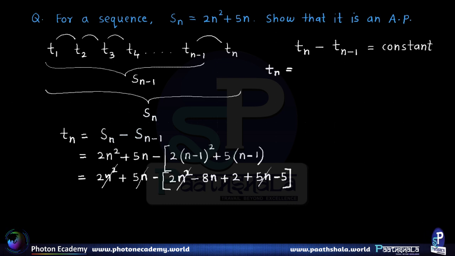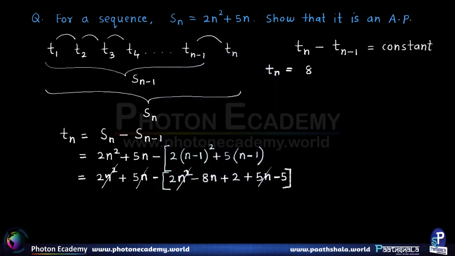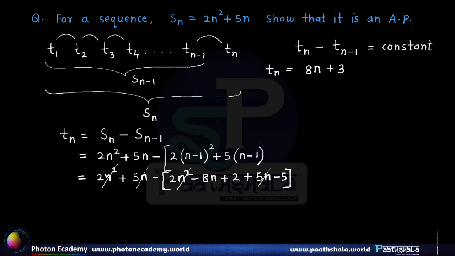So what remains is minus of minus 8n, so that is nothing but 8n, and we have 2 minus 5 which is minus 3, when it comes outside the bracket that becomes plus 3. So therefore now here we get the formula for the nth term of the given sequence.